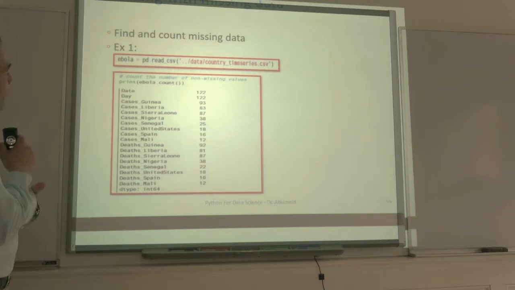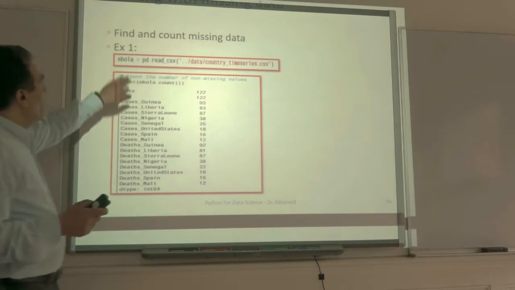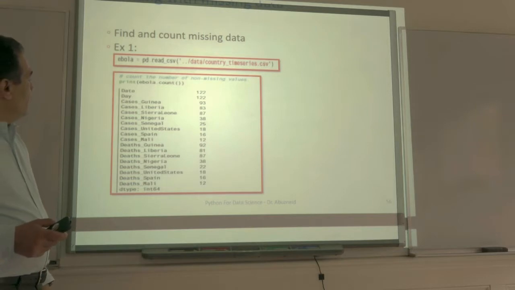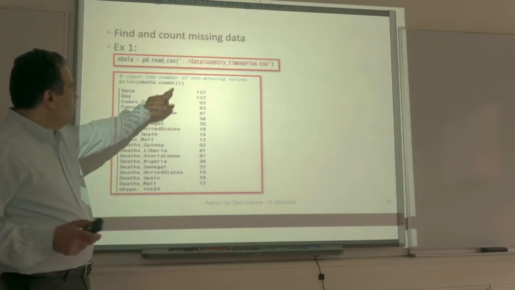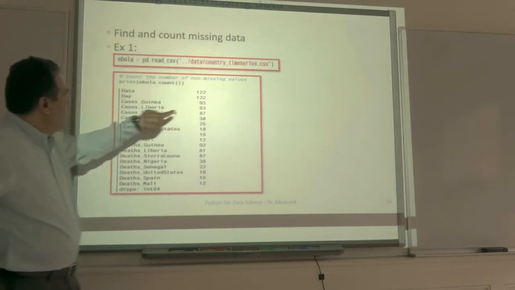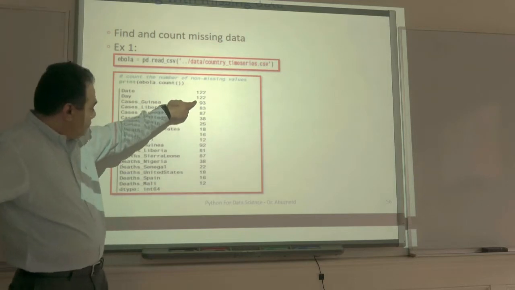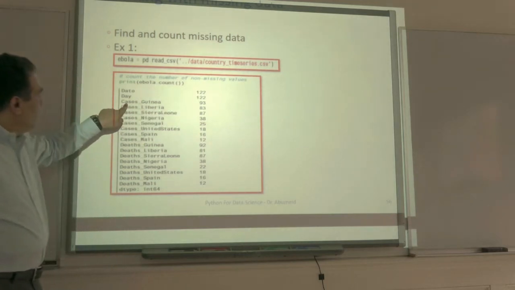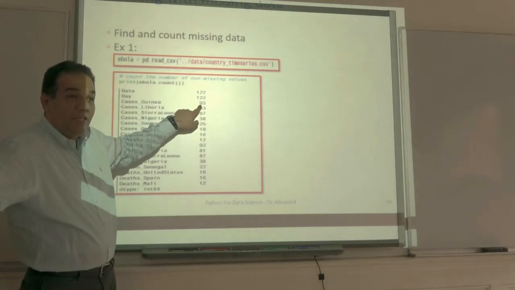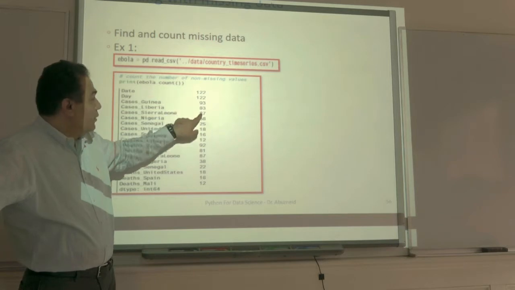So in here, from the country time series, we loaded the Ebola data. We'll try to read the Ebola disease. If Ebola.count, okay, look what it tells you. This is the other columns. For the date you have 122 entries, day 122 entries. Cases Guinea 93. That means there are some missing entries, right? Only 93 are provided.